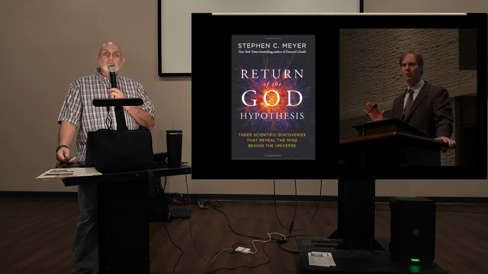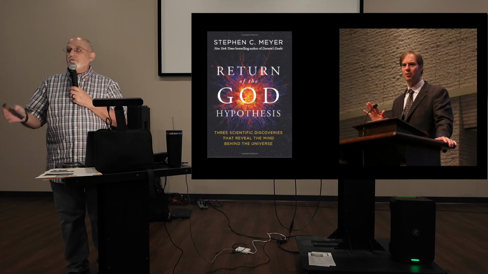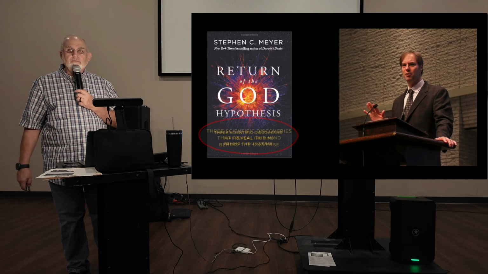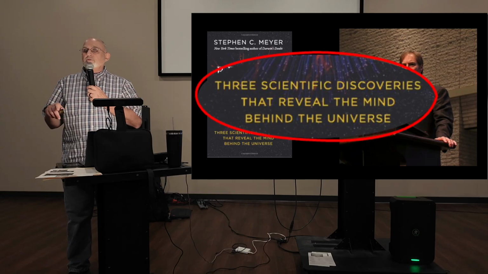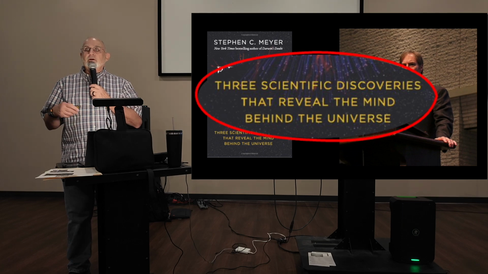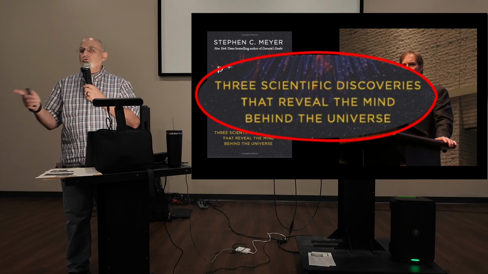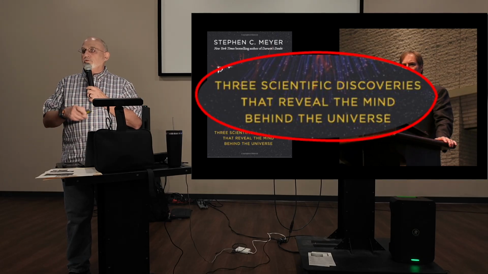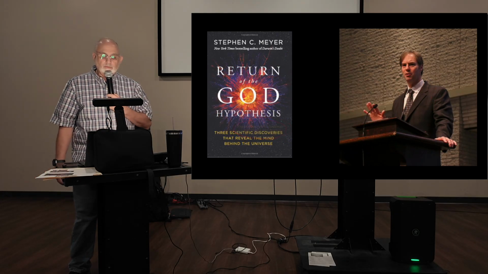And he called his book The Return of the God Hypothesis, because he's basically saying that these three scientific evidences he's going to cite show that there had to be something non-natural, something immaterial, something supernatural that points to a supernatural entity that had to create them. And so here are those three things that he came up with and cited.